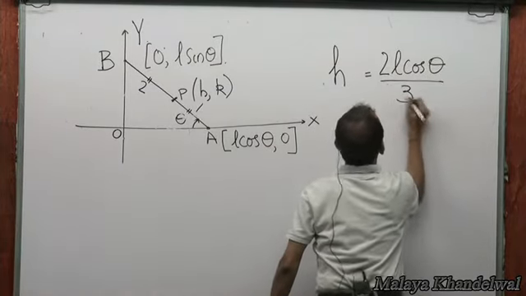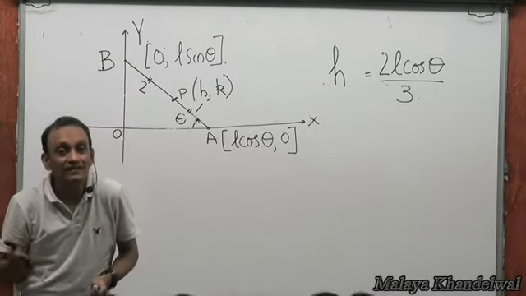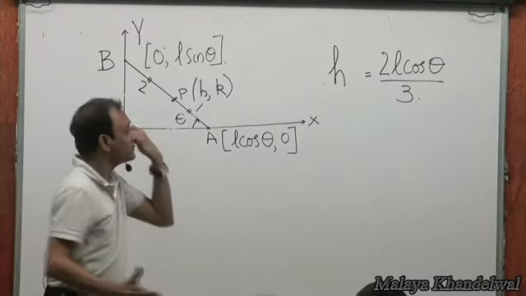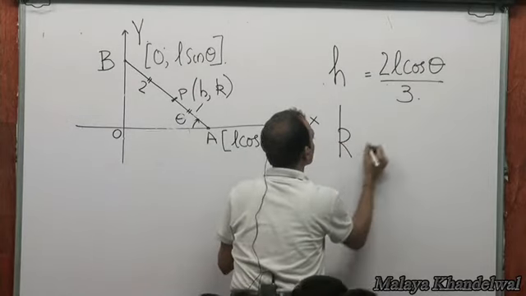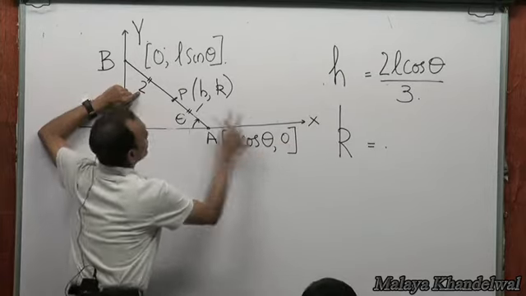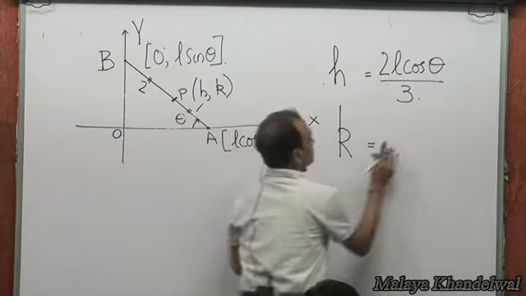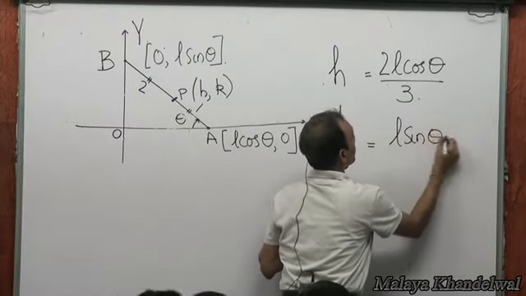That's the x coordinate of the moving point when the parameter is a certain value theta. Now the y coordinate of the moving point: 2 into 0 plus 1 into L sin theta by 3, so L sin theta by 3.